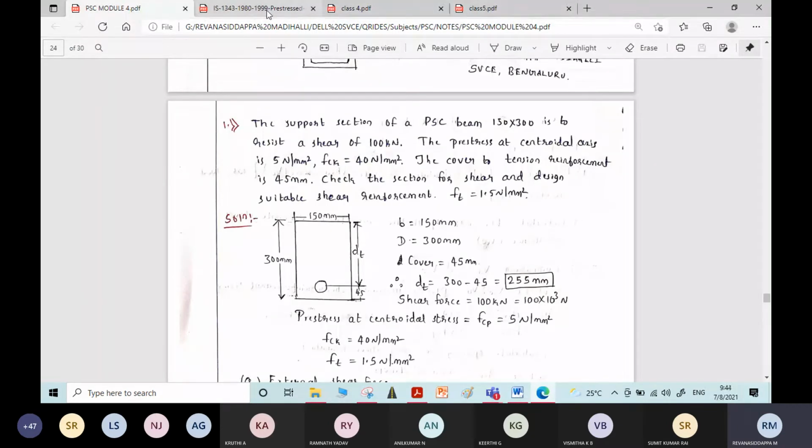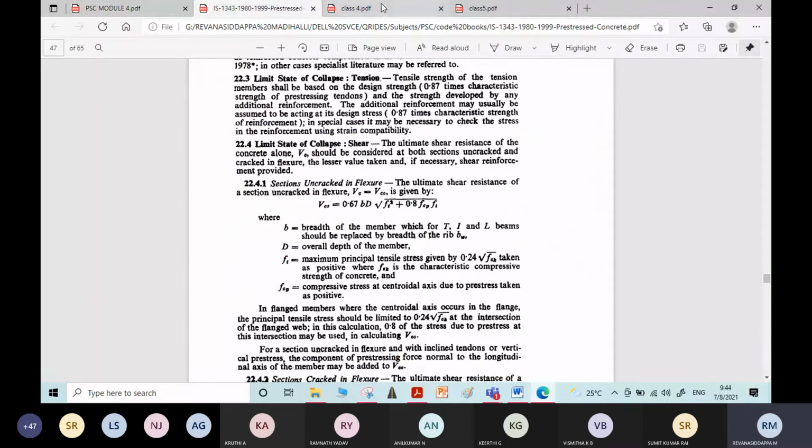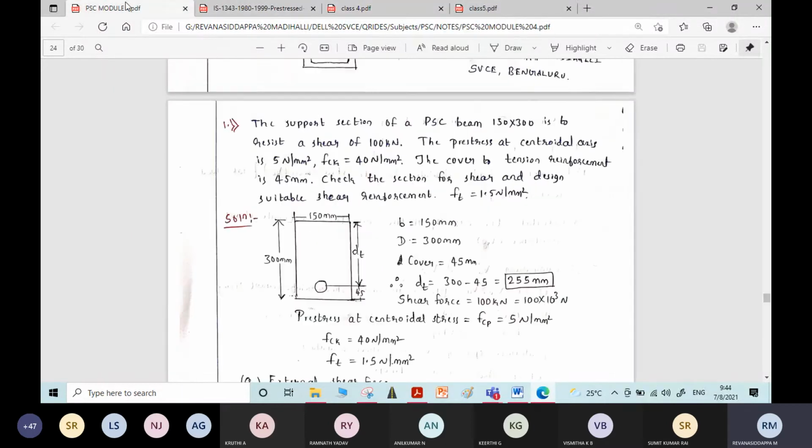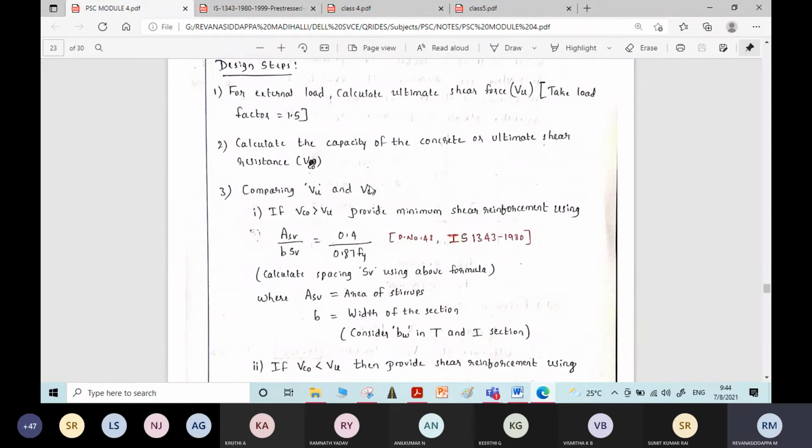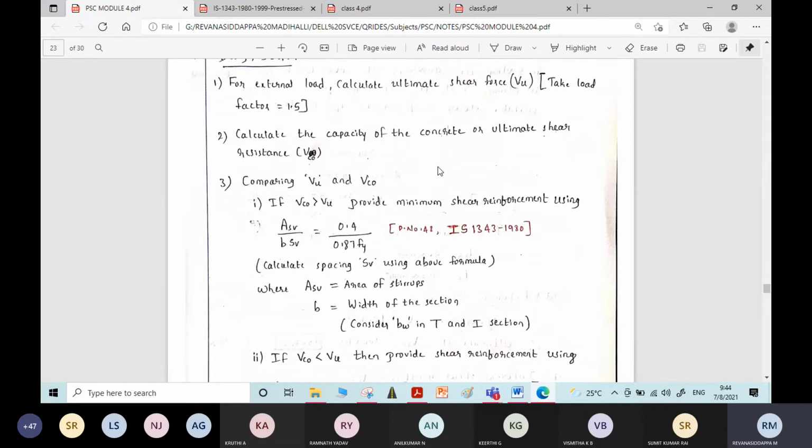Now, after calculating shear resistance, let me go to the notes. After calculating shear resistance, that shear resistance will be compared with the actual shear force that is acting on the beam. VC naught is the shear force that can be handled by the PSC beam, means ultimate shear resistance.